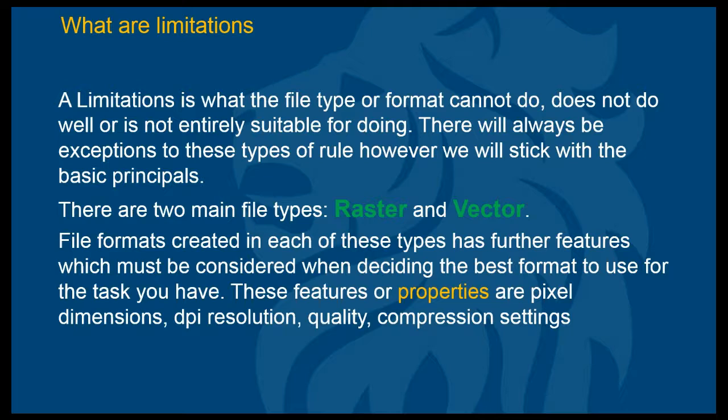So the number of dots per inch is the resolution, and that helps with the quality and also the compression settings. When we store most images, both moving and still images, we tend to use file formats that actually compress the original file to a much smaller one so that we can actually store it, or in fact so we can download it over the internet or send it over the internet, etc.